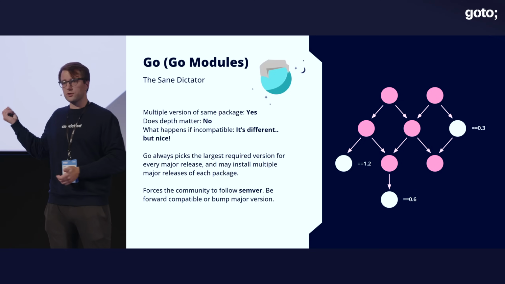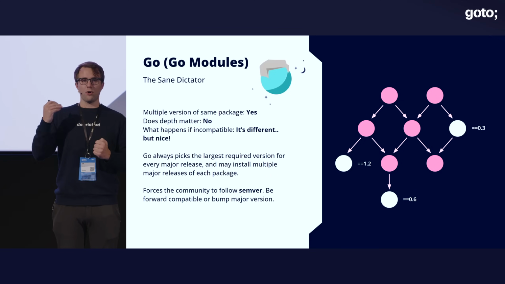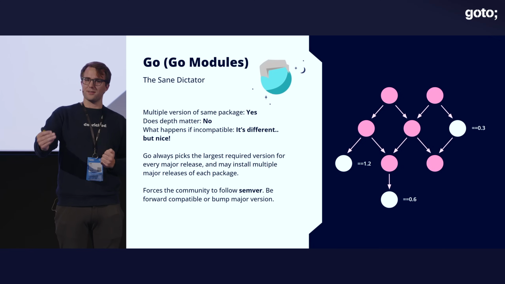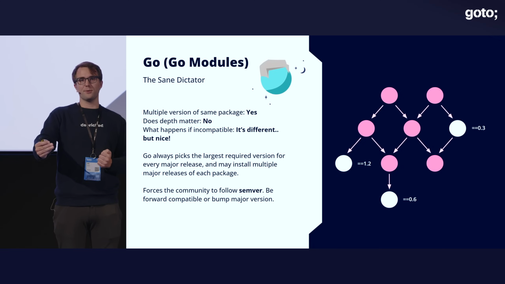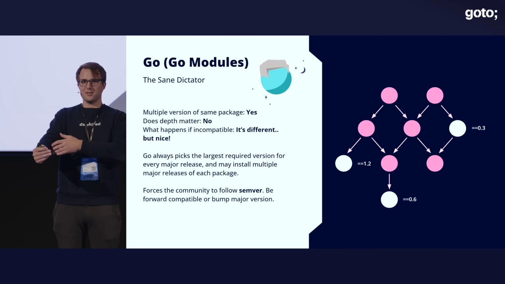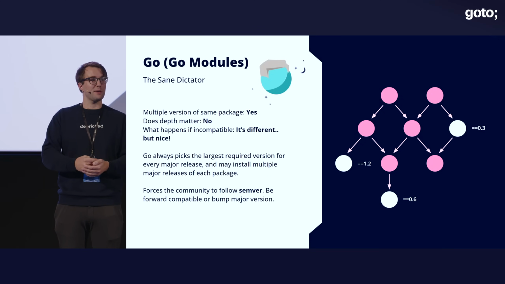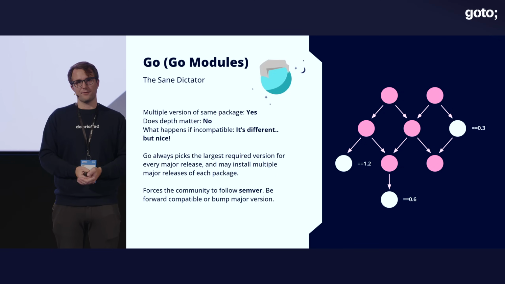This actually forces the community to kind of behave, because you always have to make sure that your application or your open source project is forward compatible, which is essentially not doing breaking changes. And if it's not forward compatible, then instead you release a new major release, which enables people to use both versions without breaking changes.